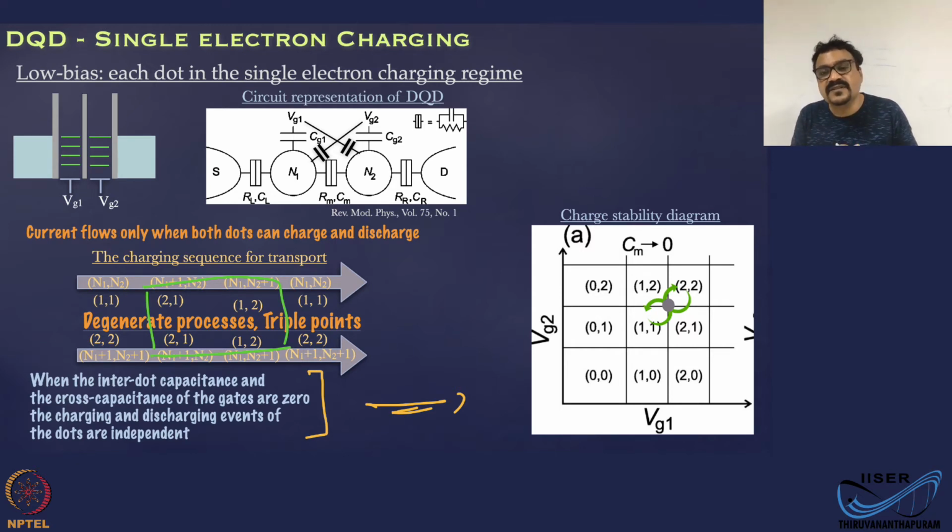What that means is, for VG1, when you vary that voltage, you will have various points where you can get Coulomb blockade peaks. And when you vary VG2, you can also get a series of Coulomb blockade peaks, but these two need to coincide. So those are represented by wherever these two lines cross.